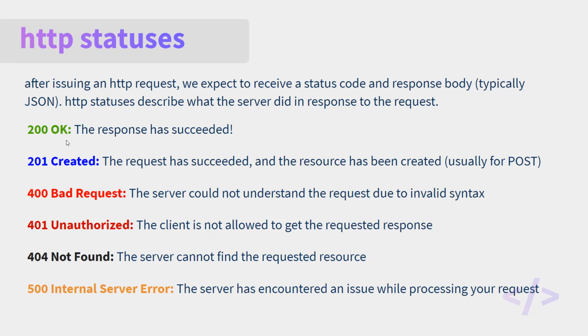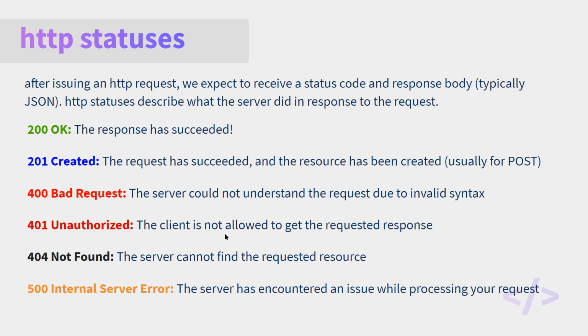Definitely want to see this when we send a request. 201 created, the request has succeeded and the resource has been created, and this is usually done for post. 400 bad request, the server cannot understand the request due to invalid syntax from the person requesting, right? Like maybe I put in a string where user ID should be, and we expect a number.